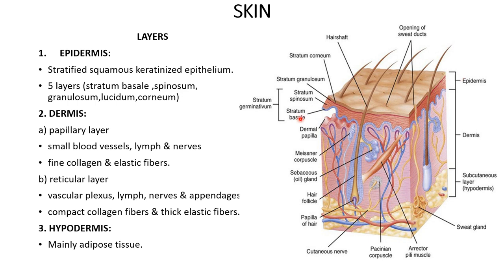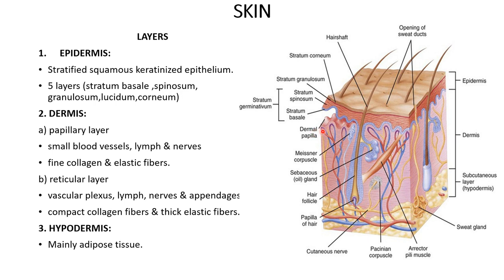Then we have 5 layers in thick skin and 4 in thin skin: stratum basale, which is a low cuboidal or columnar layer; stratum spinosum, which is polyhedral in shape; stratum granulosum, rhomboid in shape with keratohyaline granules; and stratum corneum, which constitutes the flattened cells.